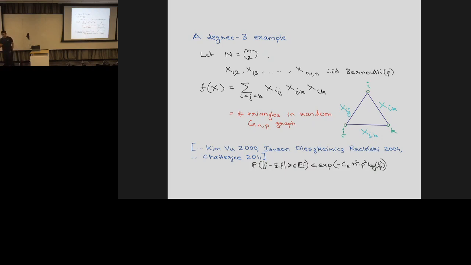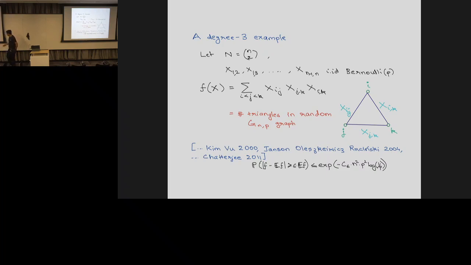Okay. And it's a classical question with a lot of work on just what kind of deviation you can show about the number of triangles in a graph. I mean, this is not an exhaustive list. I'm just mentioning a few references. And you can ask the same question, of course, about any graph, and then the story is even more interesting when you start talking about general graphs.